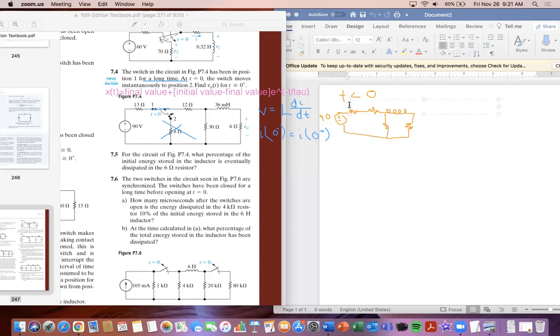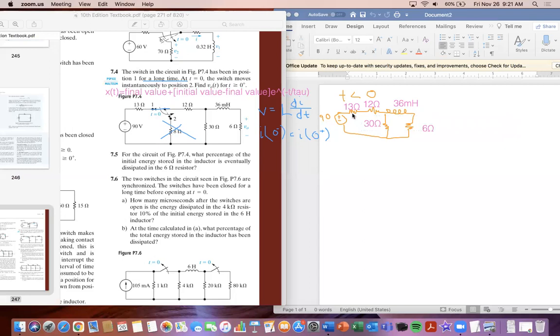So here we got a 13 ohm. And then at this point over here, we got a 12 ohm. And then over here, we got 36 millihenries. And then here we got 6 ohms. Here we got 30 ohms. And that's pretty much the summary of our circuit.